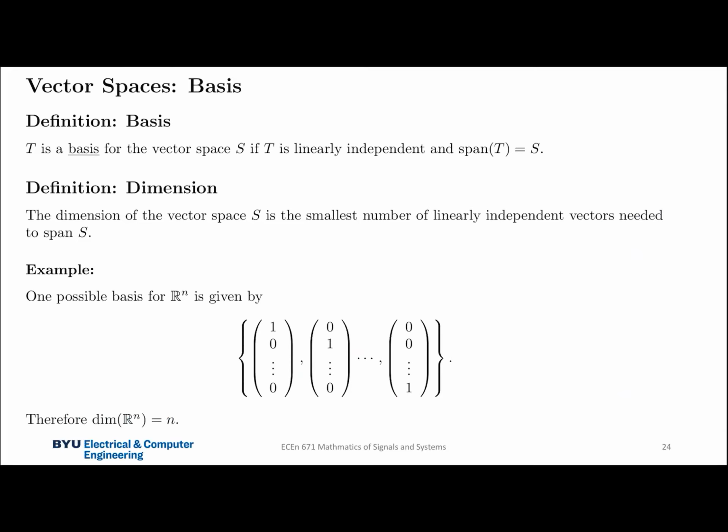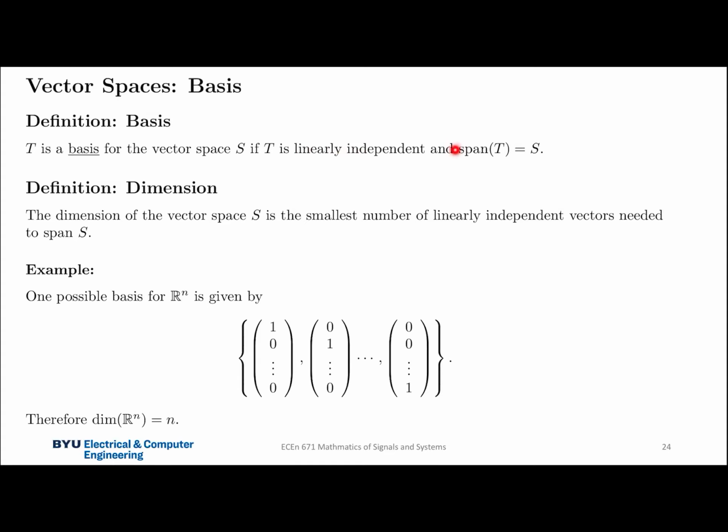Okay, and that leads us to this very important idea of a basis. We say that T is a basis for the vector space S if two things hold: T is linearly independent, and the span of T is equal to S. In other words, T has to be linearly independent; we can't have vectors that are dependent together.